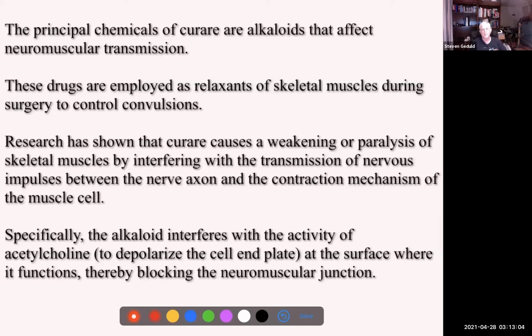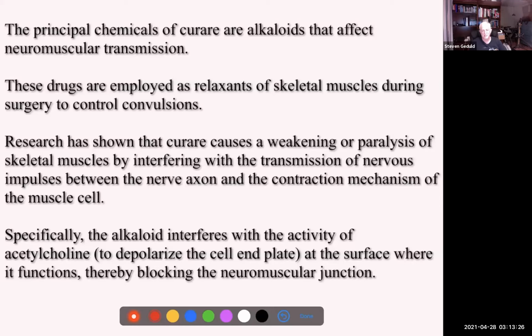That's the problem. You paralyze all the muscles, but you have not paralyzed your nervous system. You paralyze the release of acetylcholine. You have not stopped your nerves from firing. So if you put someone on curare, they will feel every cut you make, every single one.